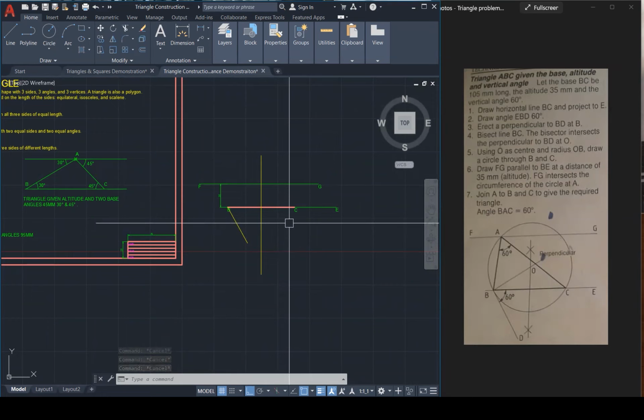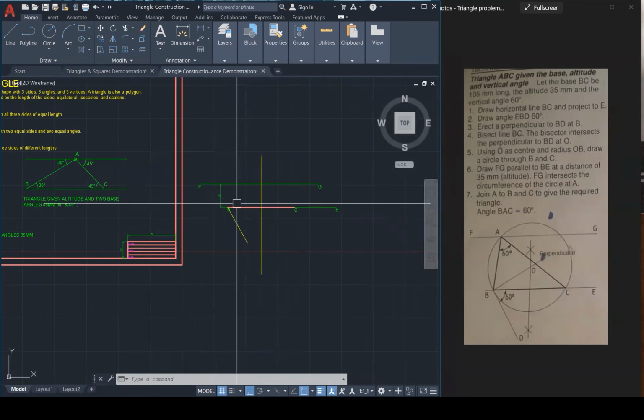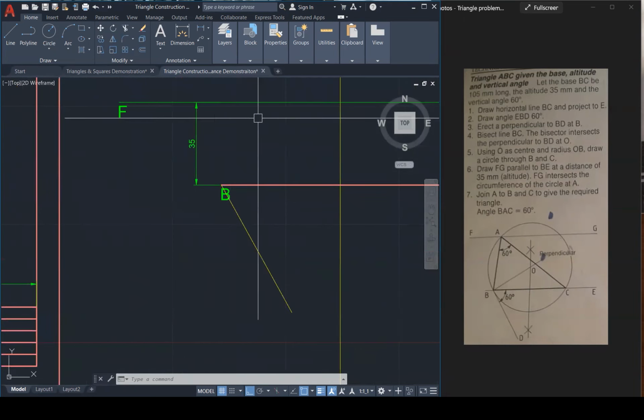So now what I'm going to do, after I've done that, is to erect a perpendicular to BD at B. Okay. So what I want is at this point here, I create a 90 degrees at this point there.